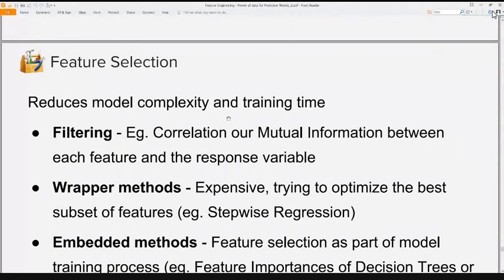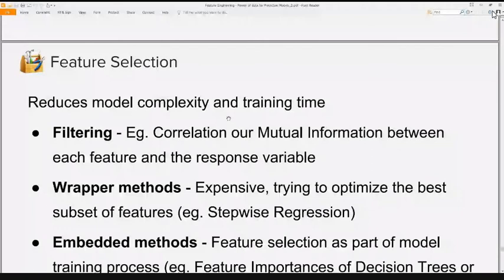By selecting features, we reduce model complexity and training time. If it has fewer features, it trains fast. So we have filtering, whereby we notice the correlation between our feature and the target variable.